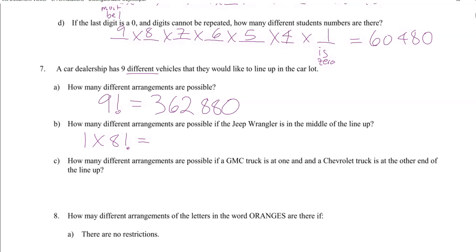So you just say, look, I placed the Jeep, and then I have 8 other vehicles to arrange. So they can be arranged in 8 factorial ways, right? You got 8 spots left, I got 8 vehicles, that's 8 factorial, which is what? 40,000 something? 40,320.